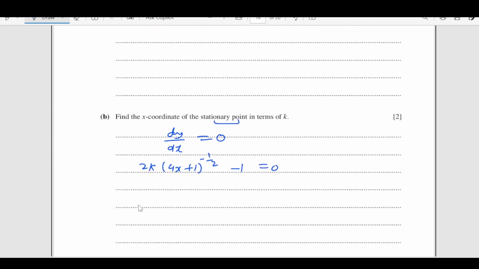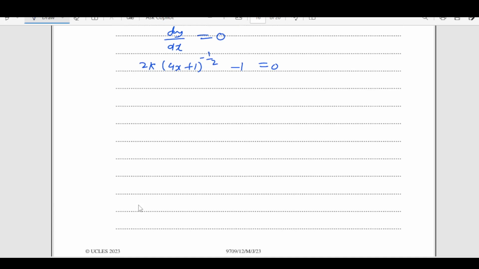Now we are going to simplify this for x to get the x coordinate. So this 2k can come down over here as 4x plus 1 power half, because it is negative half, and then 1 goes to the side. So cross multiply, 2k is going to be 4x plus 1 power half.